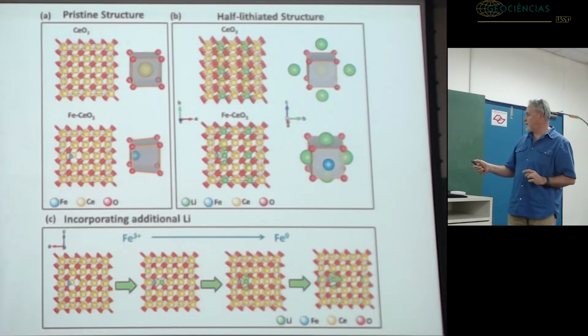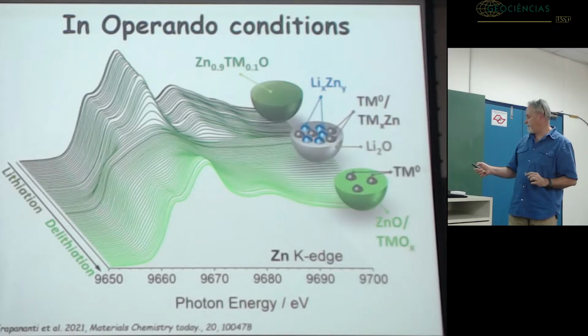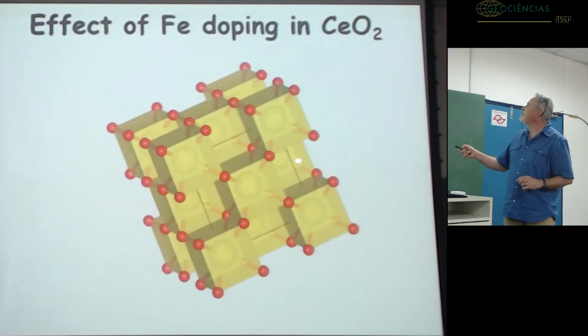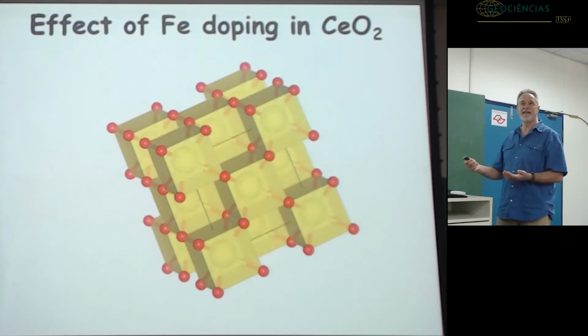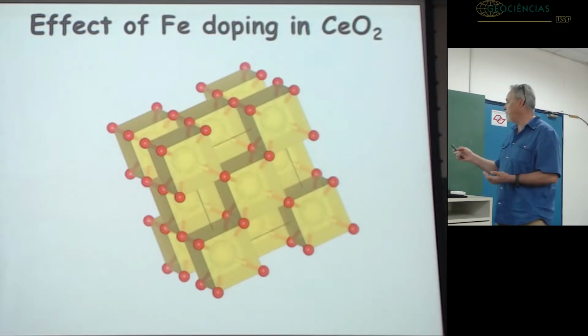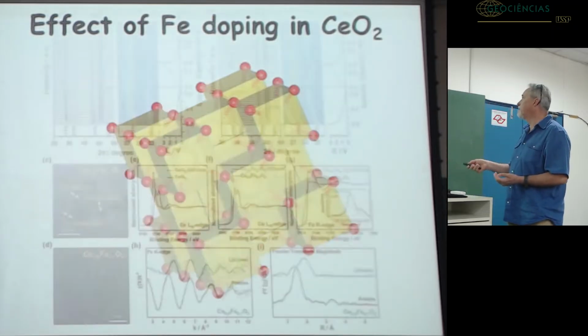In the structure, sorry for going back and forth, you can have more lithium per cube. And that can explain why this structure theoretically should accept 1 lithium for each cerium atom, but actually it accepts 2.5 lithium for each cerium atom.